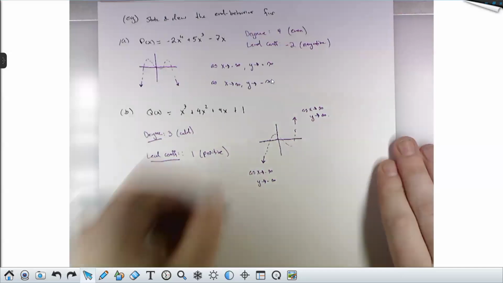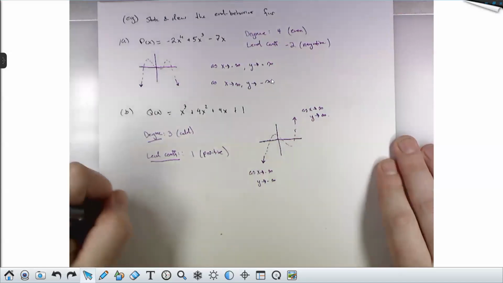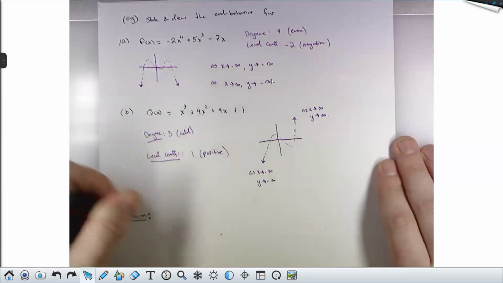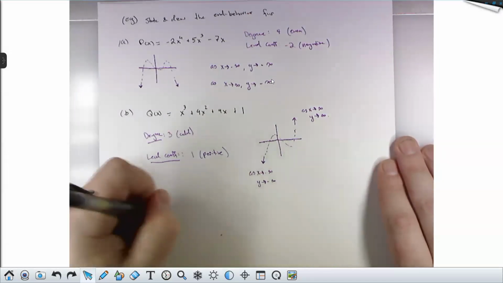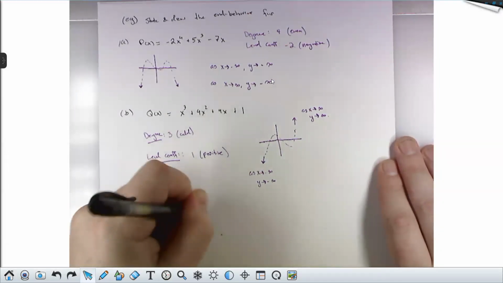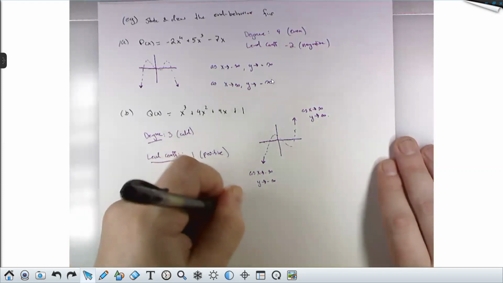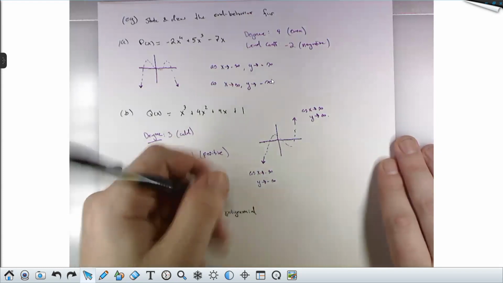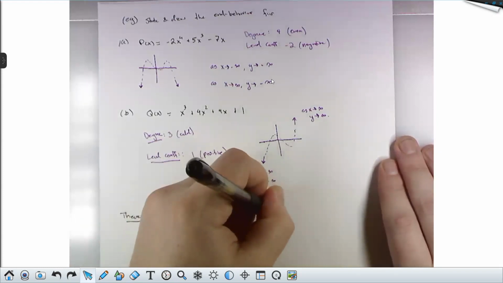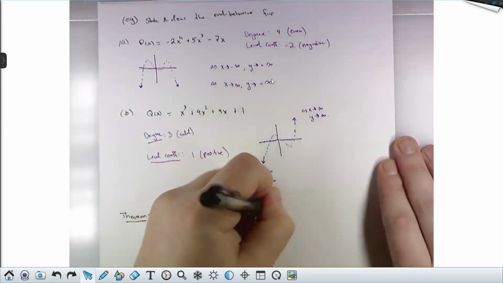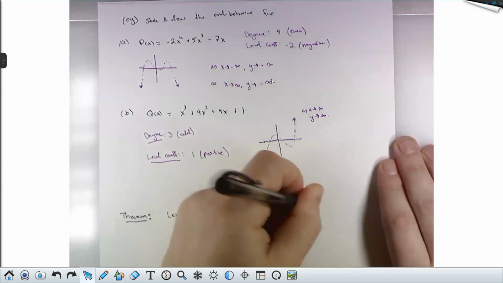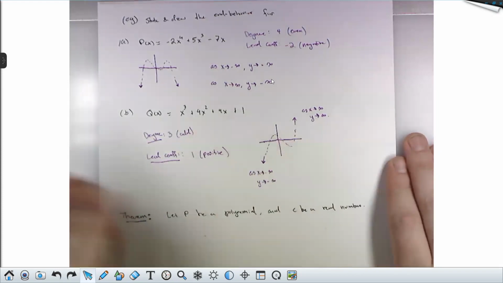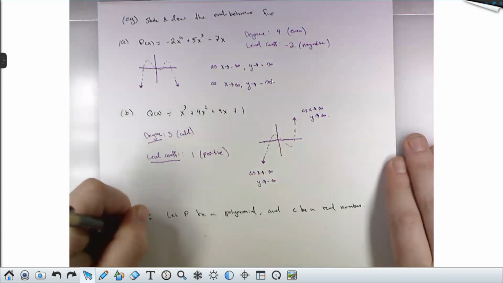So let me give you a theorem here. Let P be a polynomial and C be a real number. This is another TFAE. The following are equivalent.